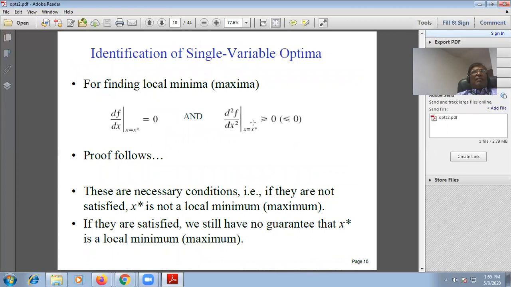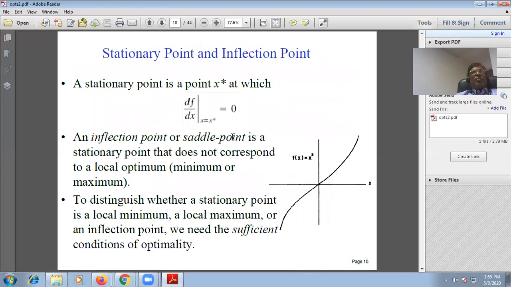You can give proof of this. So students, I hope that you are able to understand what is single variable optimization problem.